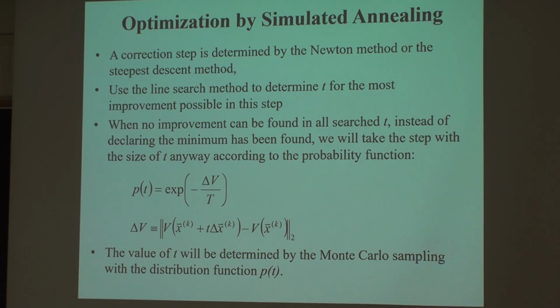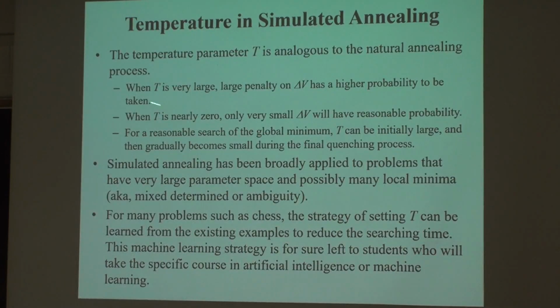Each time, I'm not taking just the minimum I have reached now, but I go through this annealing step and assign a temperature. When T is large, even when I don't know how to improve, I kick it out far. When T is very large, a large penalty on this delta has a higher probability of being taken. When T is nearly 0, you can only take a very small step.